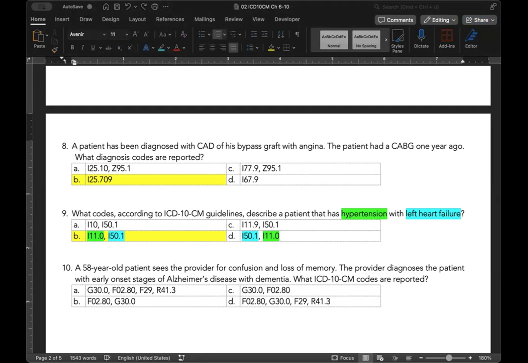If you want, you can always go out to Google and say what is benign hypertension versus what is unspecified hypertension. There usually is some pretty good information. Make sure you're not just looking at Wikipedia or Bob's blog, right? You want to make sure that you're looking at a reputable source.